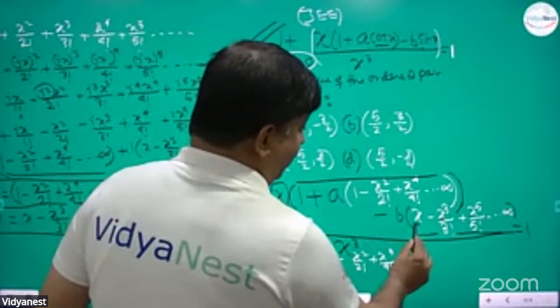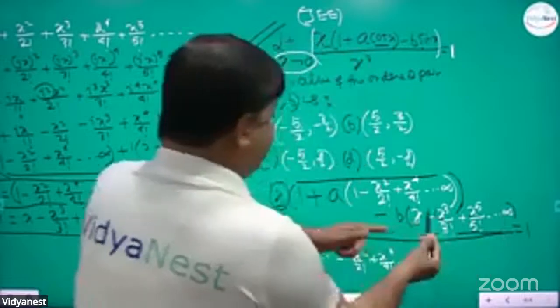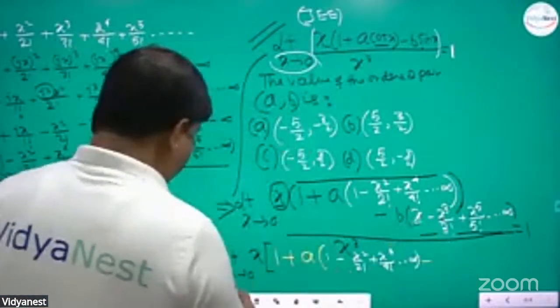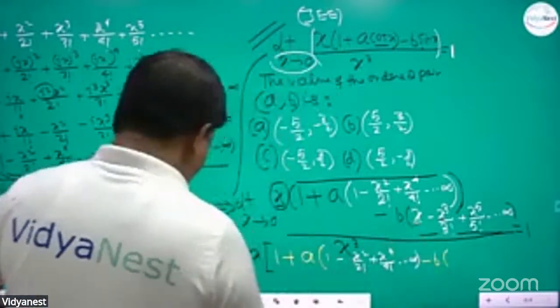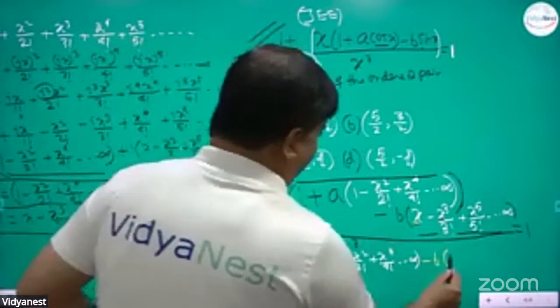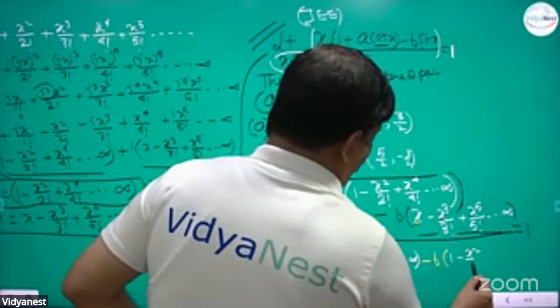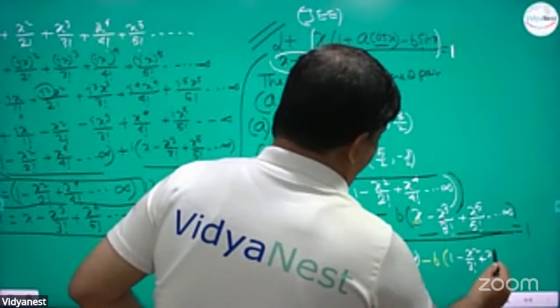I have taken x common from each term and from the whole expression. So against x, what will remain? 1. Against x cube, x square. Against x to the power 5, x to the power 4.